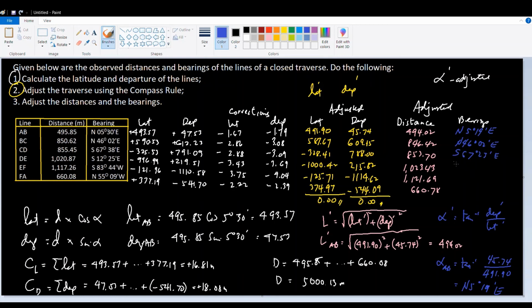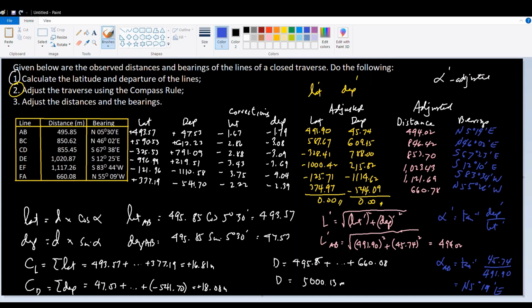Then 12 degrees 10 minutes, southeast for line DE. Then 83.34 in the direction southwest for line EF. And finally, for FA, it is 55.26 in the direction northwest.